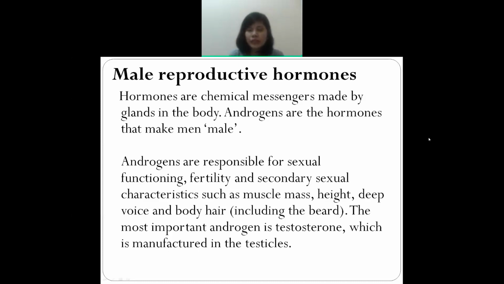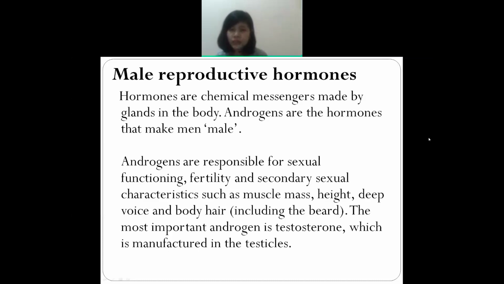When a boy grows, when he reaches puberty and becomes a teenager, what happens? Even the physique changes.